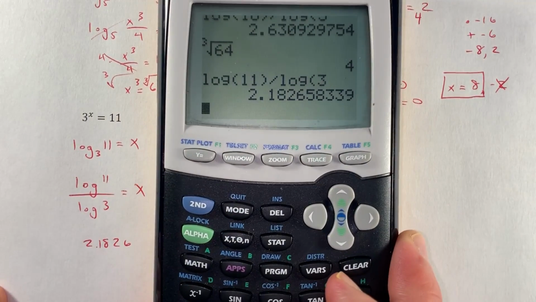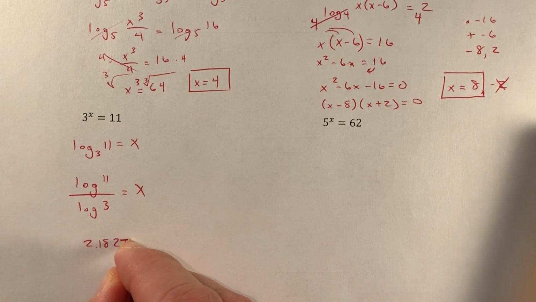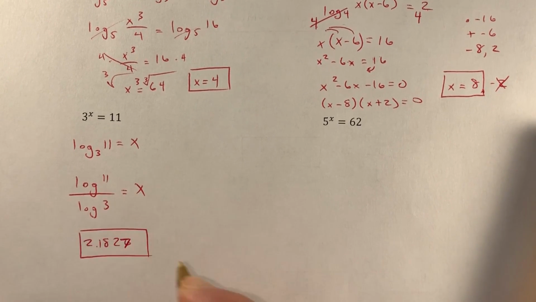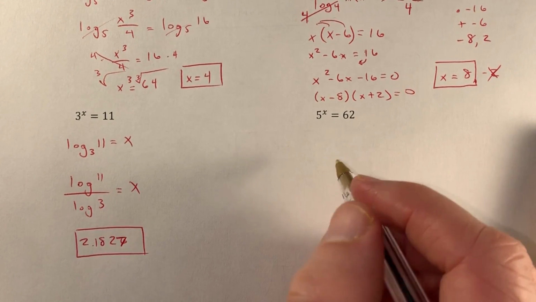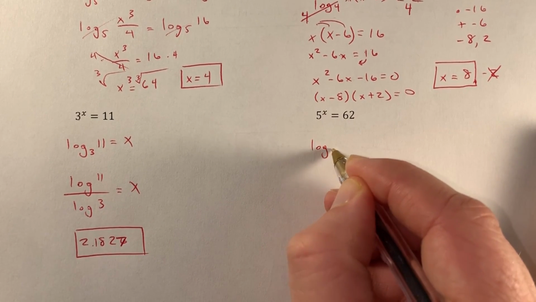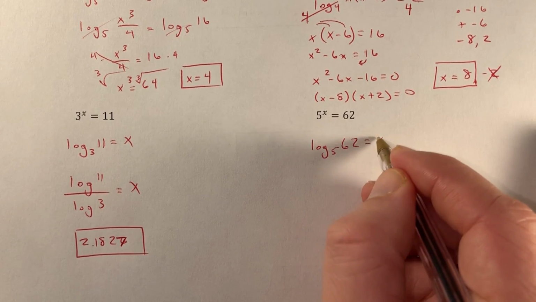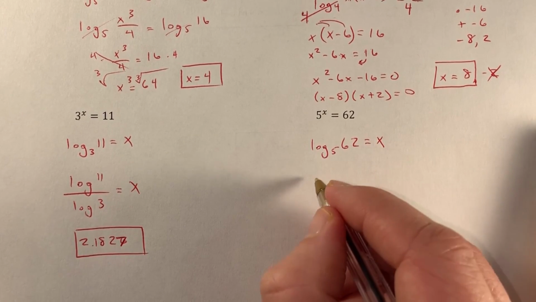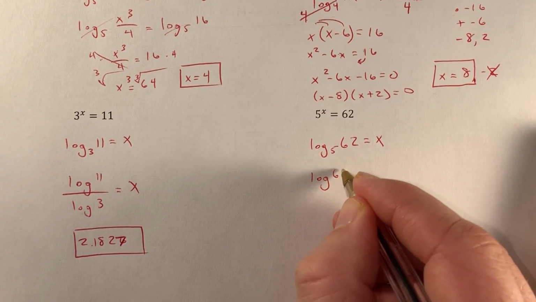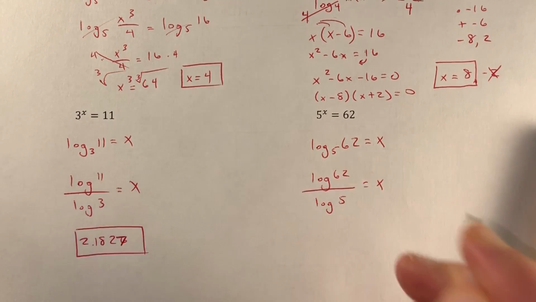And you know what? After that 6 is a 5, so I'm actually going to bump that 6 up to a 7. And then 5 to the x equals 62. That's log base 5, argument 62 equals exponent x. So that's log of the argument divided by log of the base equals x.